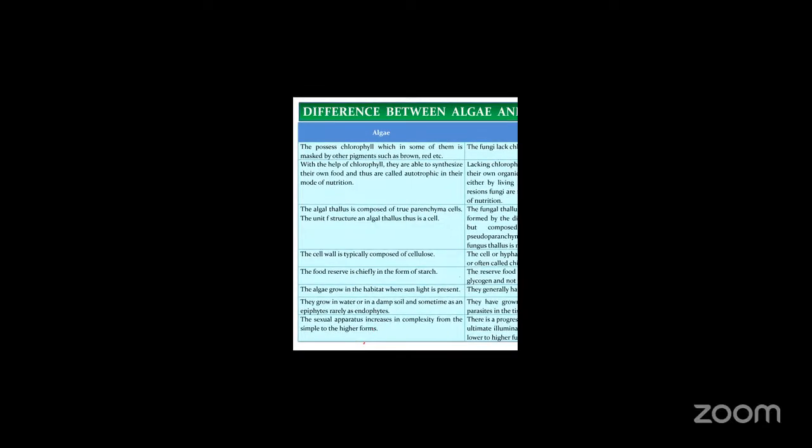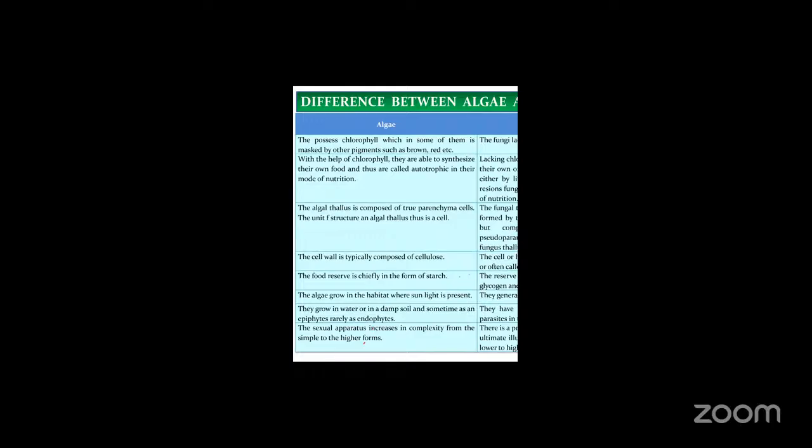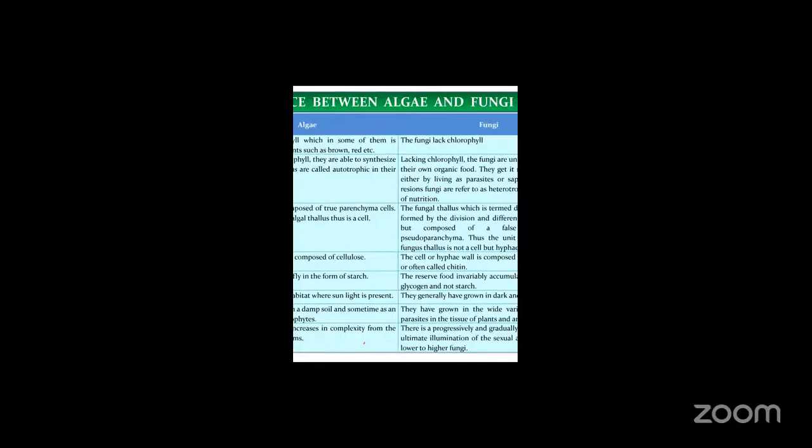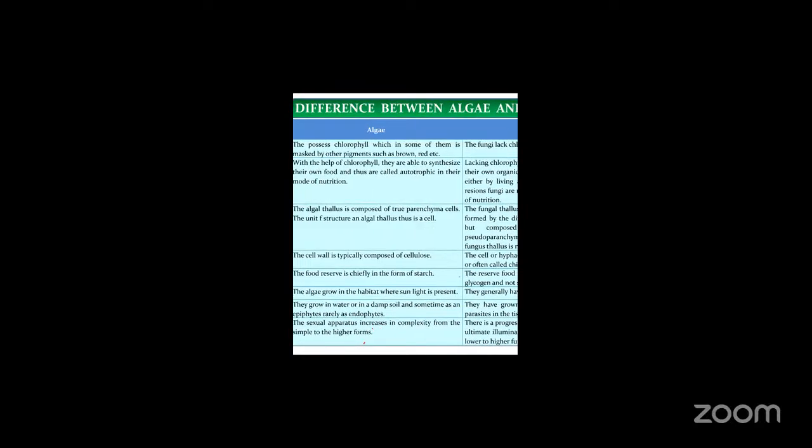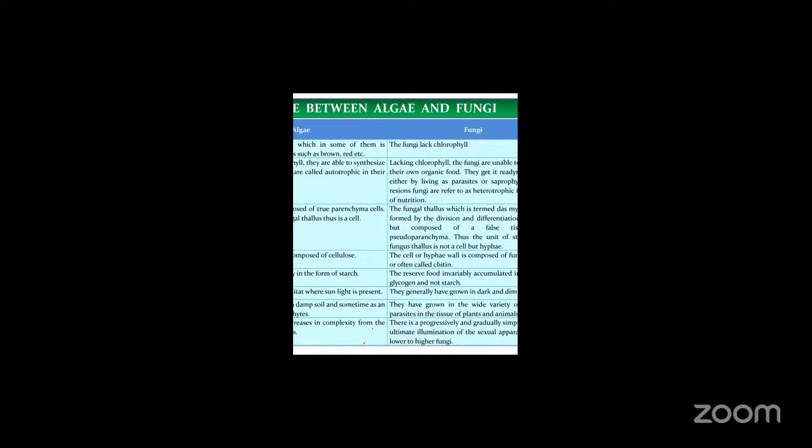So in the algae members, the reserve food material is starch only. But in the fungi, the reserve food material is in the form of glycogen. Next one is the habitat. Where light is present, algae can grow, because they need light for growth, that is, for photosynthesis. But the fungi can grow in dark or dim light environments only.